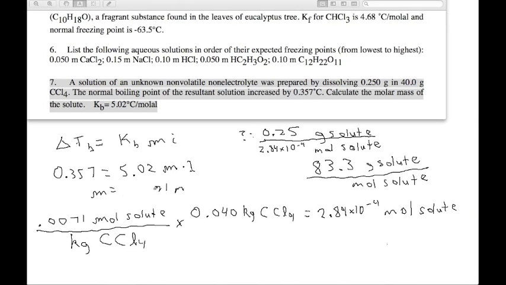You're right. And then when I multiply that number by 0.04, I got my same original number, 0.003. And then when I take 0.240 and divide it by that number, I get 87.8.